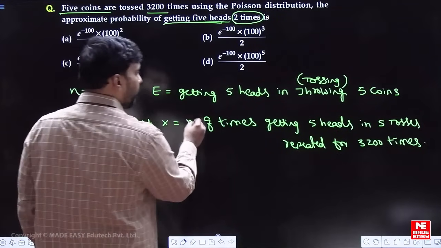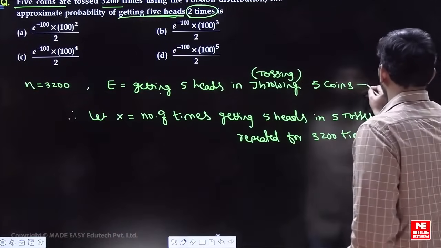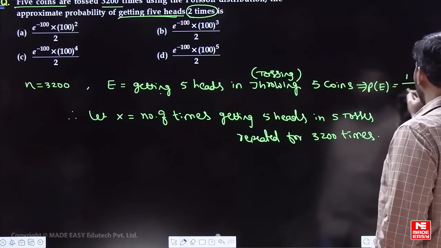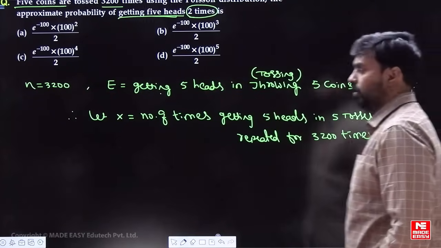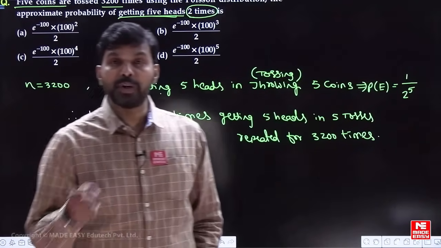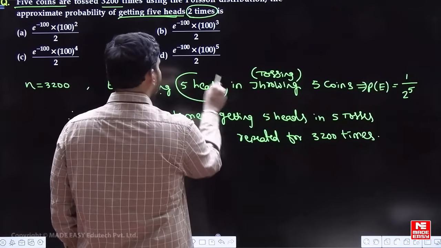So here the probability of this event is, let me write this here, 1 by 2 power 5, because when you toss the coin 5 times, the sample space will be 2 to the power of 5. Getting all 5 heads means here head.